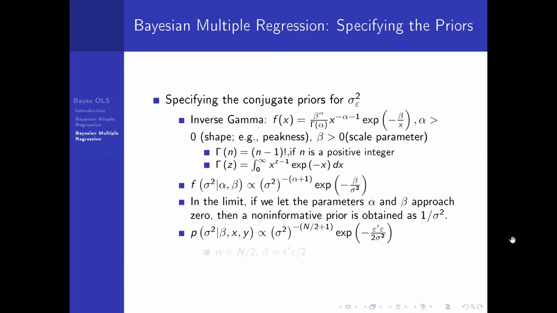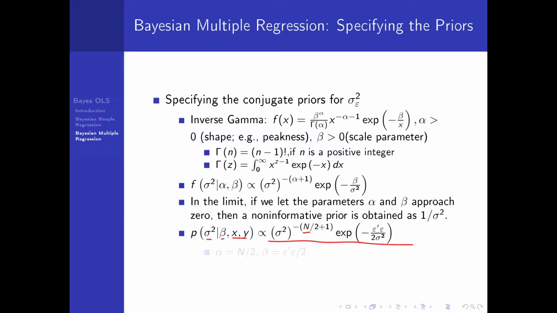Then the posterior for sigma square, conditional on beta, x and y, is this. You may remember that we take the product of all probability densities across all cases. That's the reason why we have n here. So what does it look like?